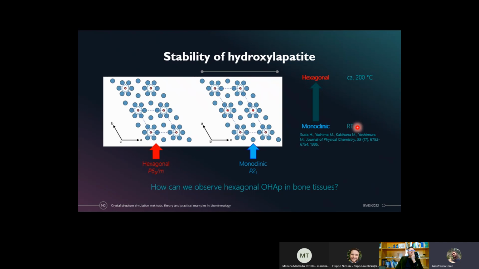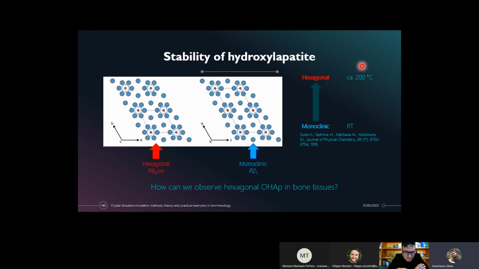It is more stable in the monoclinic phase, which has a longer, elongated unit cell, where you can see two orientations, up and down, of the hydroxyl groups in the different calcium channels. Whereas in the hexagonal polymorph they are intermixed, but actually they should be in the same direction. So the hexagonal polymorph is stable at 200 degrees.